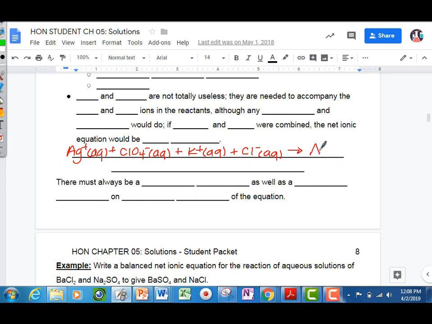That's going to produce AgCl plus ClO4-, running out of room, plus K+.